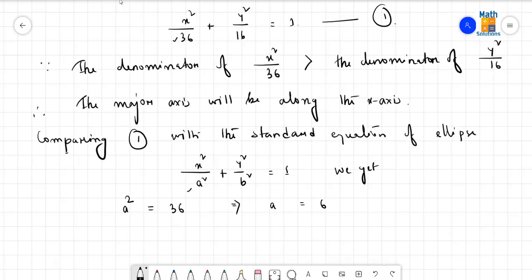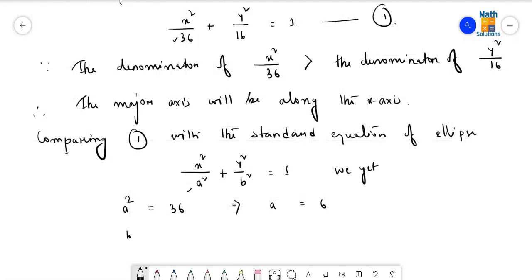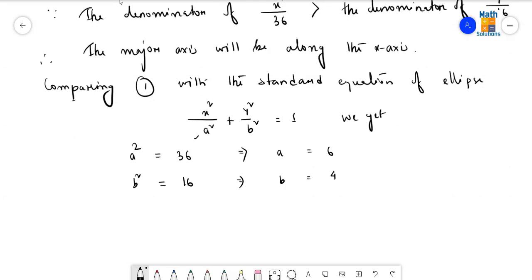Therefore it is always positive. Similarly, b square is equal to 16, and b is equal to 4. The square root should be taken as 4, and b in the same way is positive because it is the semi-minor axis.